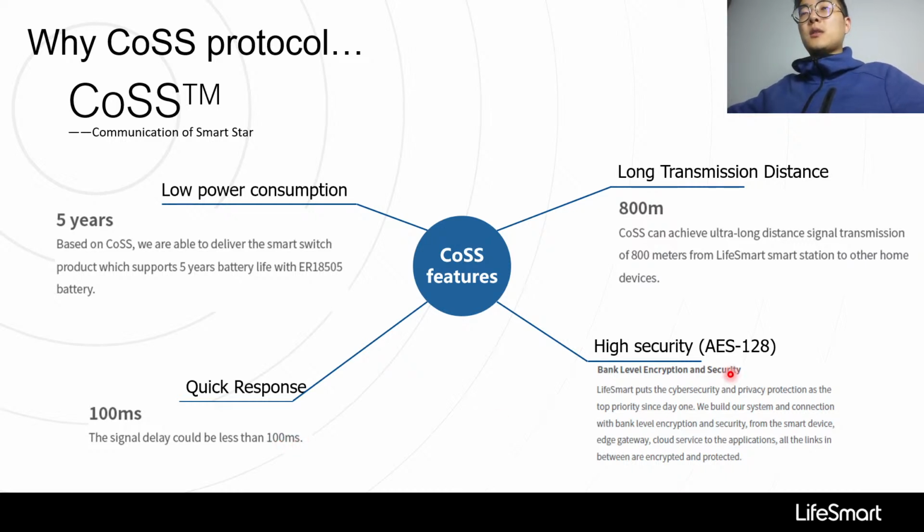And last but not least is high security, AES 128. We adopt this bank-level encryption to protect the data between the smart station and the devices. So 4 key features: low power consumption, long transmission distance, quick response, and high security.